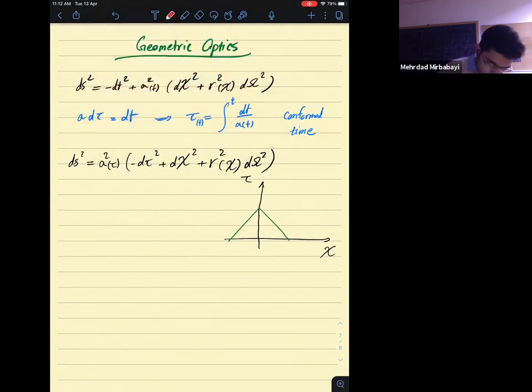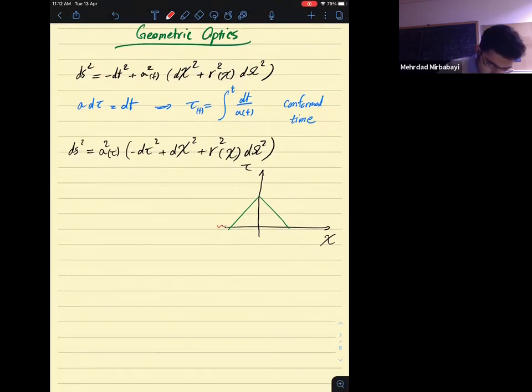Now, depending on what kind of FRW cosmology we have, often we will have a singularity at tau equal to 0. For instance, we saw that there is a Big Bang singularity when we have a matter-dominated universe. And then often we care about our past light cone. We put an index 0 to denote things that correspond to the current time. So we are sitting here and looking at the past.